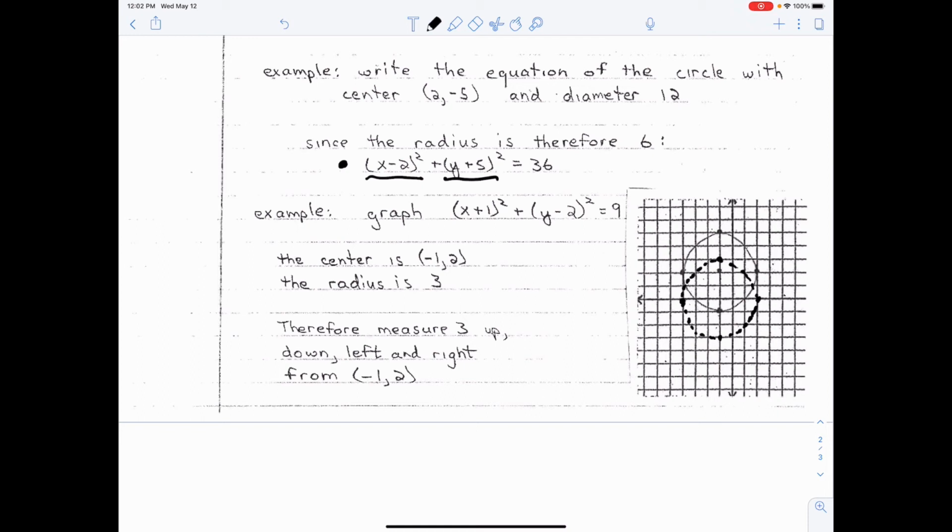But then what are we going to do? I'm sorry, that's wrong. I apologize. Because the 0, 0 was right there. So ignore this one. Sorry. Okay. The center is right there. So I'm going to go out 3 in each direction.